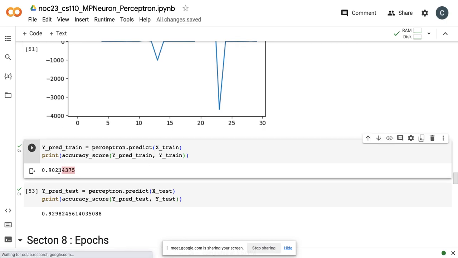You can observe here that in the MP neuron earlier we had an accuracy of 0.85, but now it has risen to 0.90. But now the question is, I am not satisfied with this 0.90. I want the accuracy to increase more.